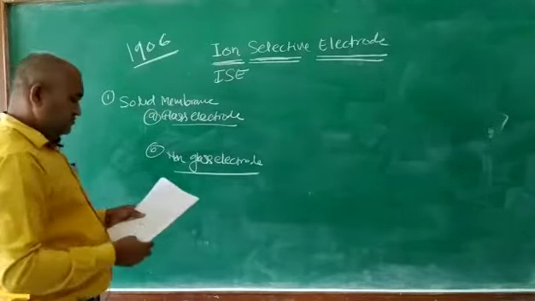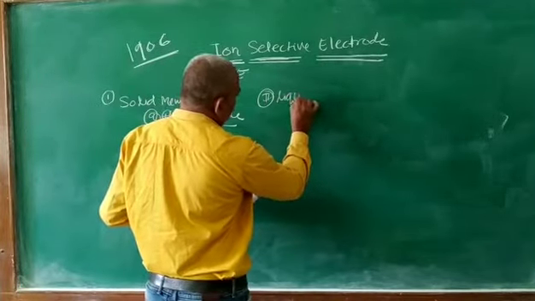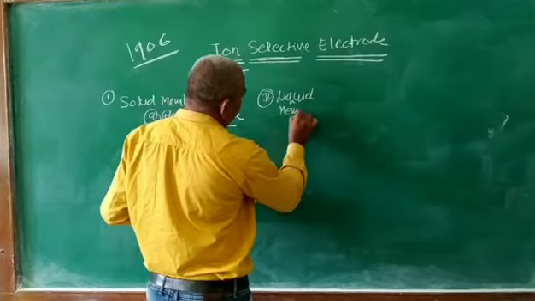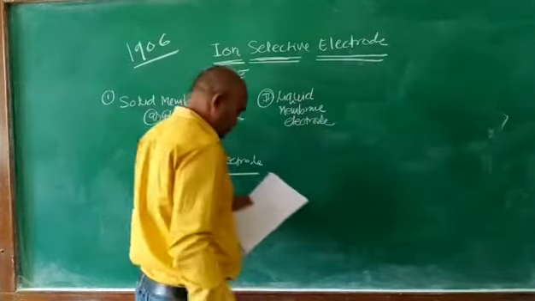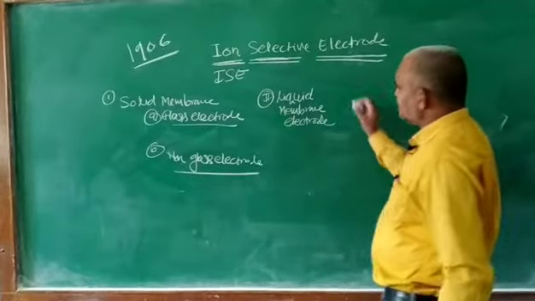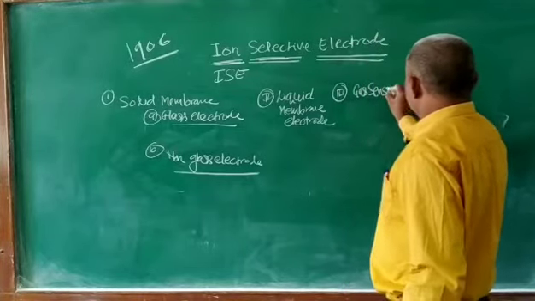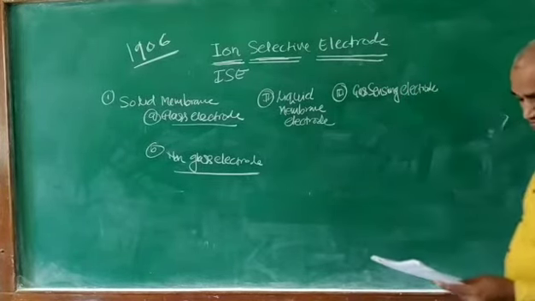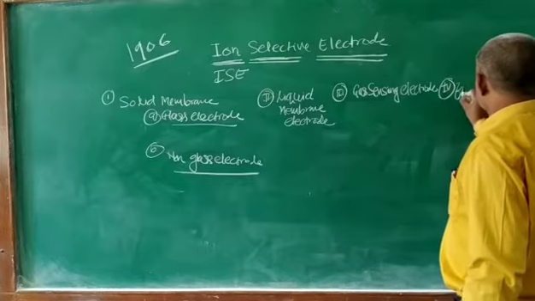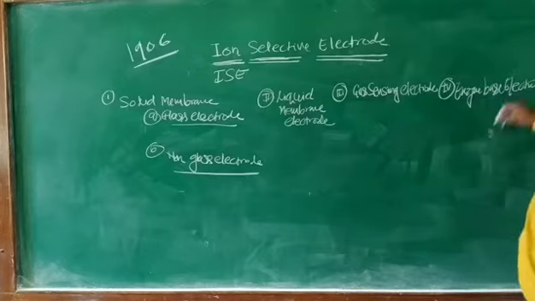Here we see the classification of ion selective electrodes. First, solid membrane electrode. Second, liquid membrane electrode. Third, gas sensing electrode. Fourth, enzyme based electrode.